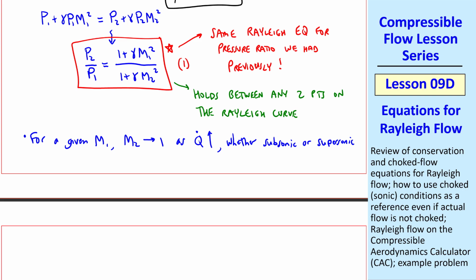In other words, we can be on either the subsonic or the supersonic branch on the Rayleigh curve, and as we keep increasing heat, we go towards critical or sonic conditions, which we indicate with the superscript star or asterisk, as we've discussed previously.